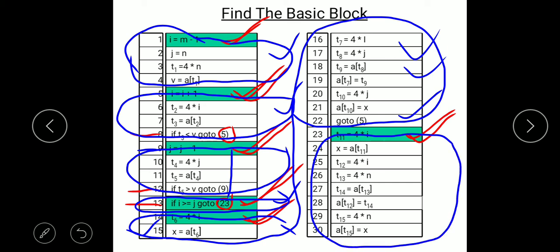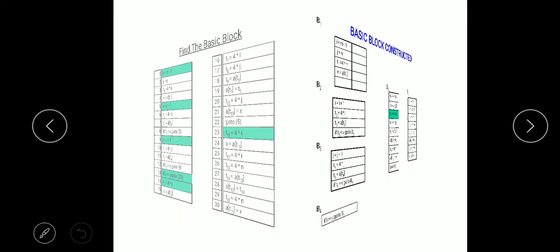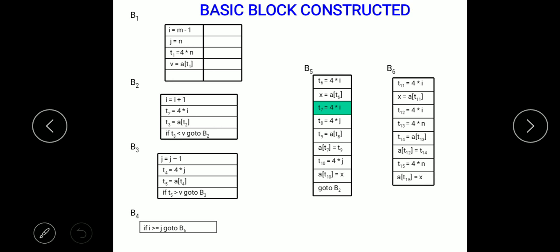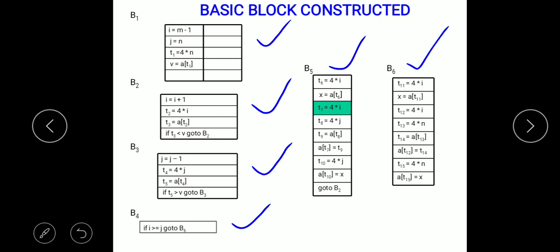In this way we would have basic block number 1, basic block number 2, basic block number 3, basic block number 4, basic block number 5, and basic block number 6. You can see them here.